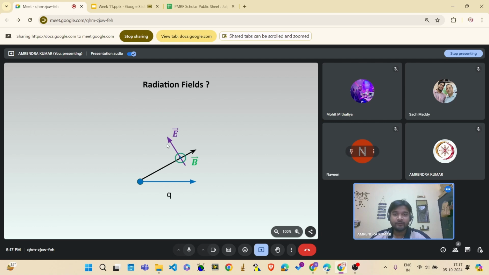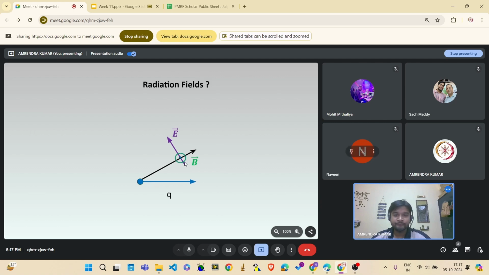And now about the radiation field. Okay, so if we have a point charge q moving with a constant velocity, that means it is not accelerating. It has some initial velocity v and it keeps moving with this velocity.